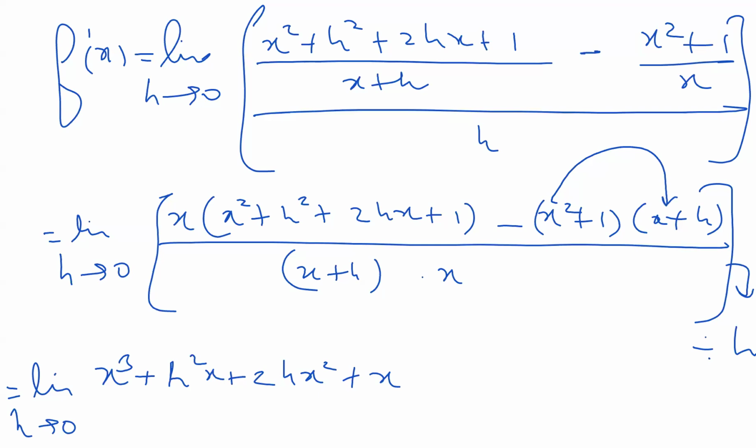Now minus x square into x is minus x cube, minus x square into h is minus hx square. Okay. Similarly, this minus into this plus will be minus. So minus 1 into x is minus x, and minus 1 into this h will be minus h.